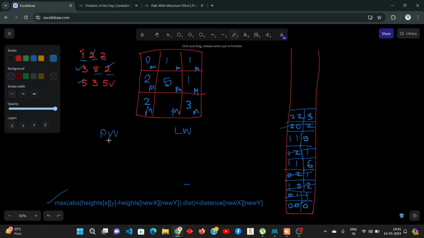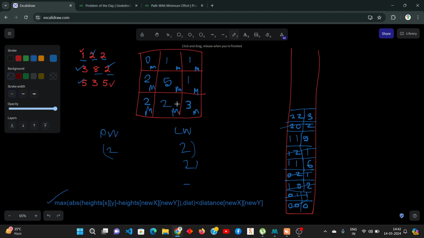What is the previous weight? That is 2. What are the adjacent nodes? That is 3 and 3. So we can easily calculate the ABS value. That is 2, and here that is 2 also. So what is the maximum value? That is 2, and already there is 2, so we cannot update that. And for this 2 and this 2, the maximum value is 2, so we can update 2 here.